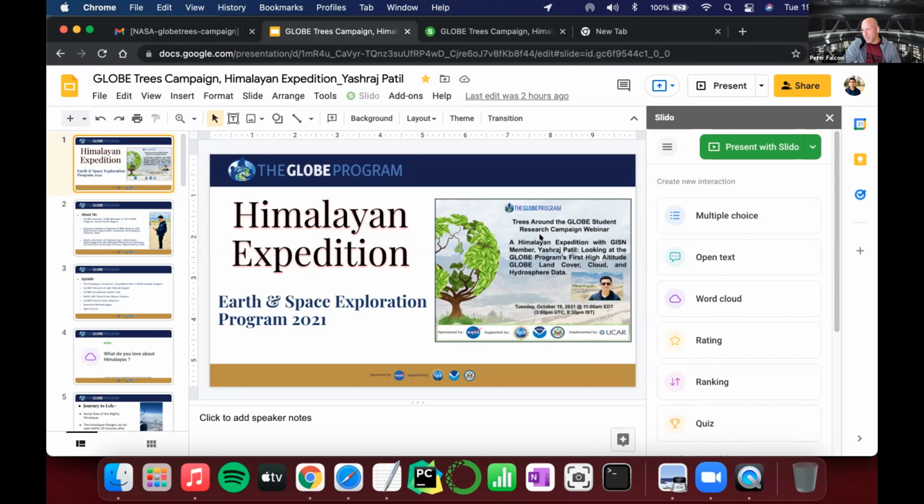Gotcha. Okay, two more questions. Were you surprised to not see trees at that elevation? Did that surprise you when you got there? Yes, I was expecting to see trees in the Leh city region, but on day one we were never suggested to walk as soon as we landed.